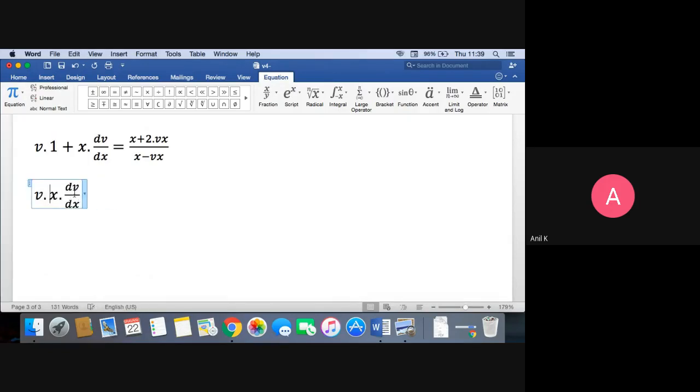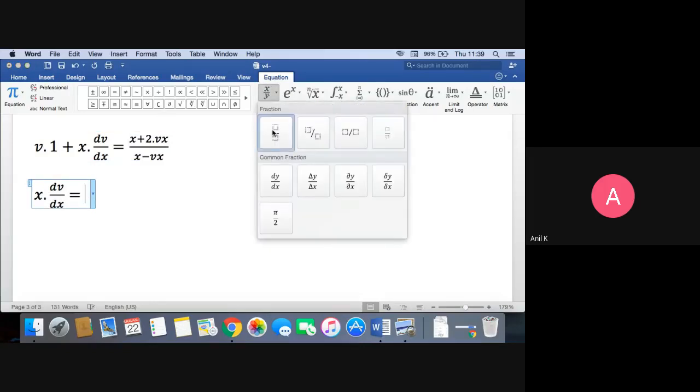Keep this x dv by dx here itself, which is equals to, now look at these terms here, x plus 2vx upon x minus vx. If you observe carefully, x will get common in the numerator and denominator. I can take x common from numerator and denominator, and I can cancel them.